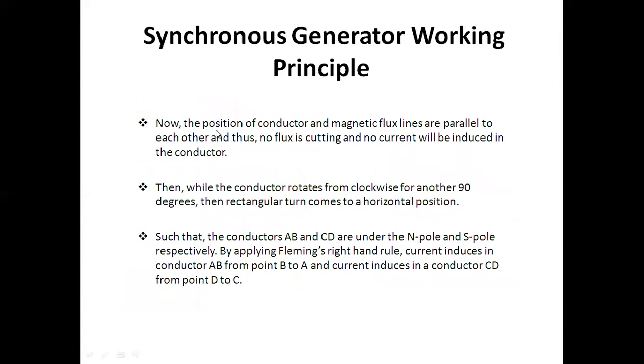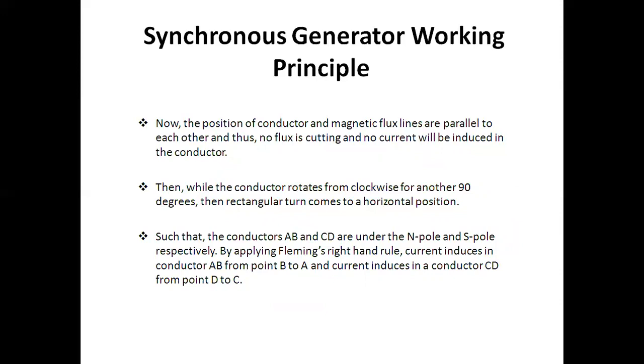Now the position of the conductor and magnetic flux lines are parallel to each other. Thus no flux is cut and no current will be induced in the conductor, as we have already seen.